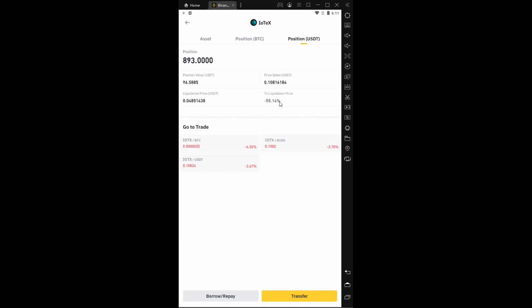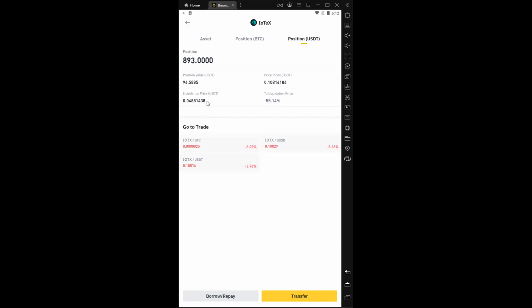But if you are on cross, make sure you are not using the whole 100% to buy the coin. Because if you do, you won't have collateral, and any slight dump of that coin, all of the money will be taken from you and you get liquidated. So that's what liquidation price means.